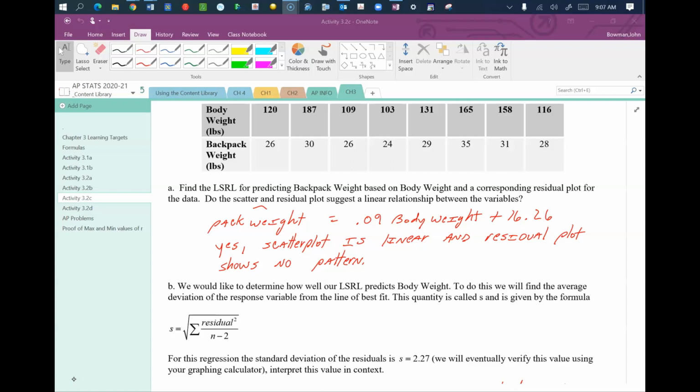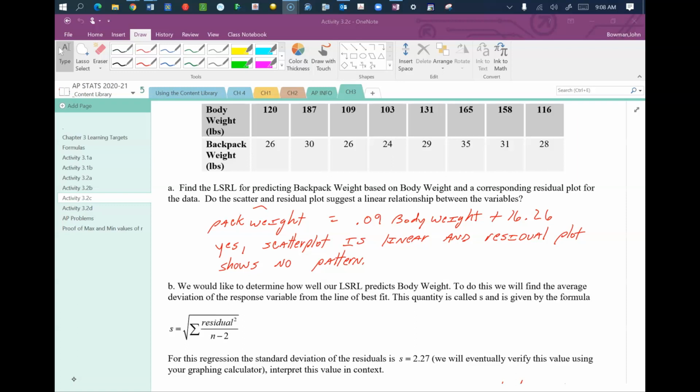Basically, think about squaring all the residuals and adding them, because if you don't, they're going to add up to 0 all the time with the least squares regression line. Then finally we take the square root of that to undo the fact that you squared them. So you get a standard deviation, the standard deviation of the residuals.